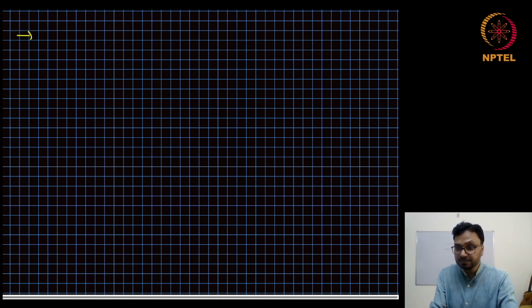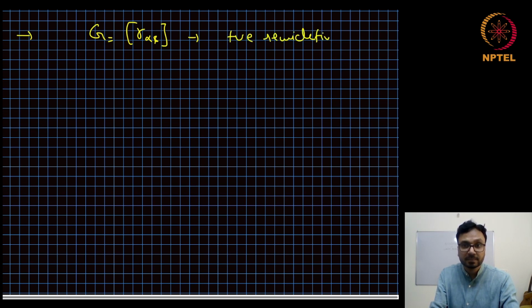Just last remarks. It can be proven that if we consider matrix G, which contains gamma alpha beta, okay, so the gamma alpha beta are numbers, and for different alpha and beta, we can make a matrix G, then it can be proven that this is a positive semi-definite matrix. What does it mean?